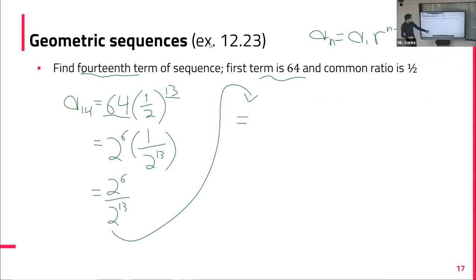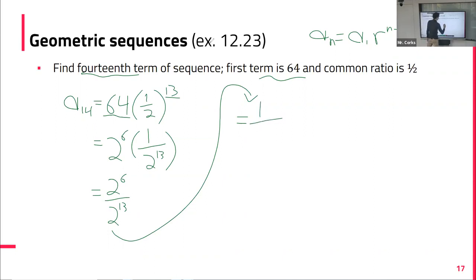What is the exponent rule that we can use to simplify this? If we're dividing, and same base, we can subtract the exponents. So 2 to the exponent 6 minus 13, that's negative, well, -7.